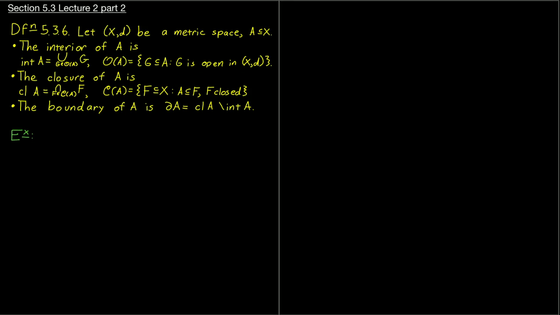Let's take this as our region A. So A is the set of all points (x1, x2) in R^2 such that our x1 coordinate is positive and x1 squared plus x2 squared is less than or equal to 1. And then how do we get the interior of A?